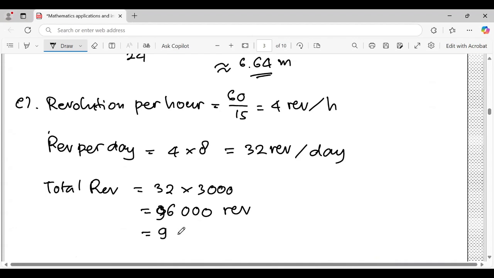And we are going to convert it to 9.6 times 10 to the power 4 revolutions. This is 9.6.